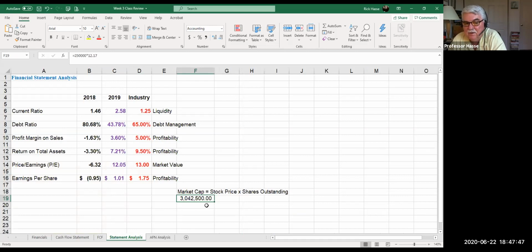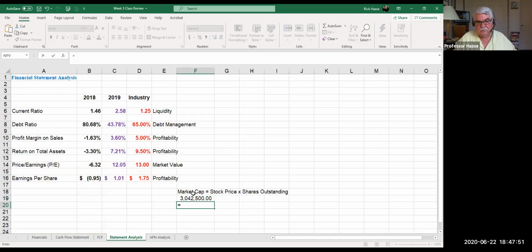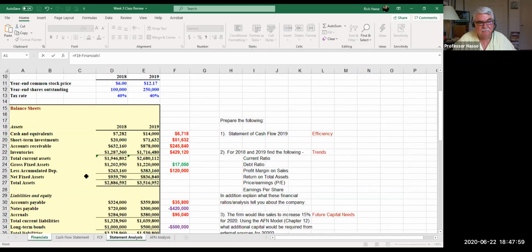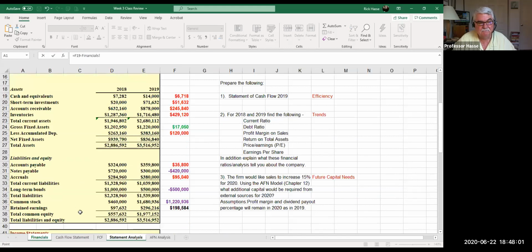Well, if you take that market cap and you subtract out the debt position of this company, what is the debt position of this company? Let's call it $1.5 million.